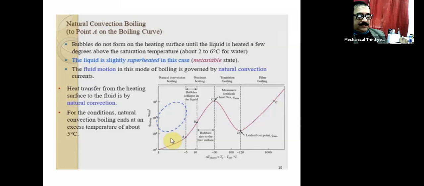So this is the natural convection boiling regime, where there is no bubble formation.